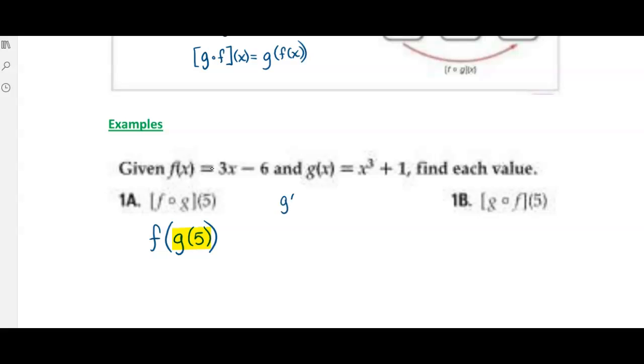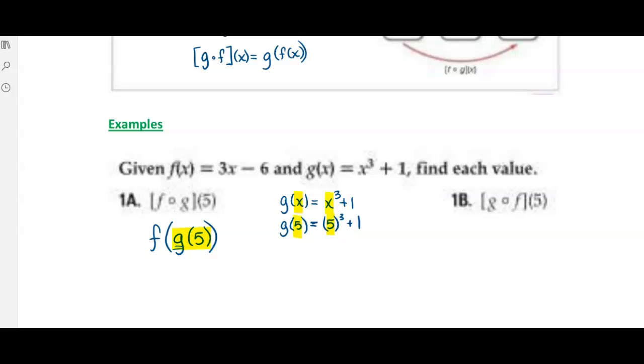So I'm going to start with g of x, because it tells me use the g function. And I want to figure out what is g of 5, which means you take out the x and you replace it with a 5. I took out the x here and put in a 5, so I'm going to do the same thing on the right.